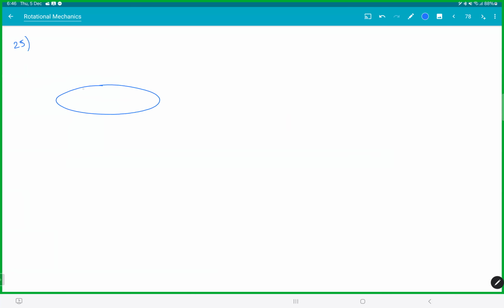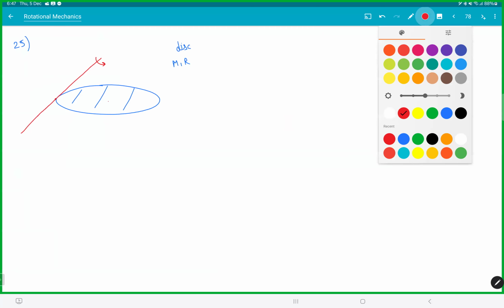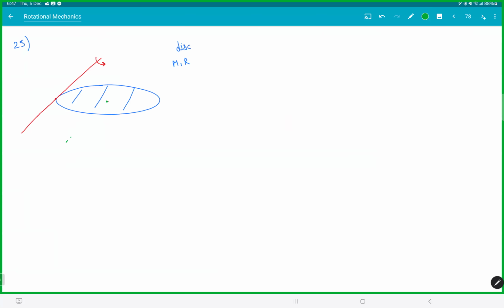So we got a disk. This is your diameter. So this is an axis tangential and in the plane.